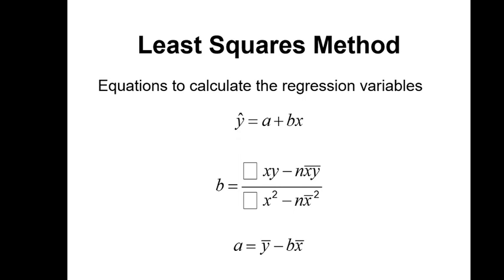Because if you have B, then it is easy to calculate A, because as you can see, A is equal to y bar, sorry, minus B multiplied by X bar.